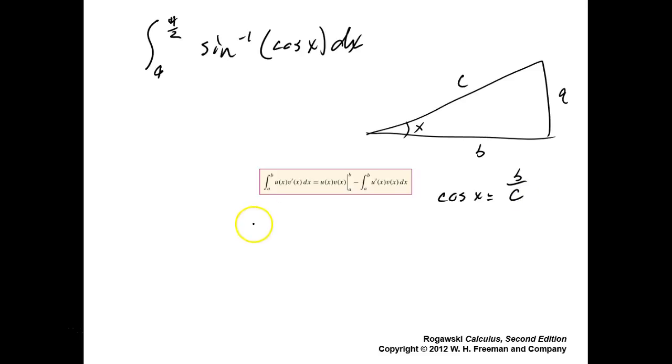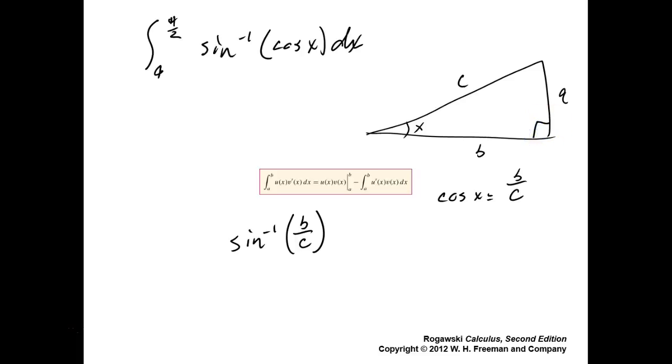Now, what you're doing here is the inverse sine of B over C. By the way, mine doesn't look like it, but that is supposed to be a right angle there.